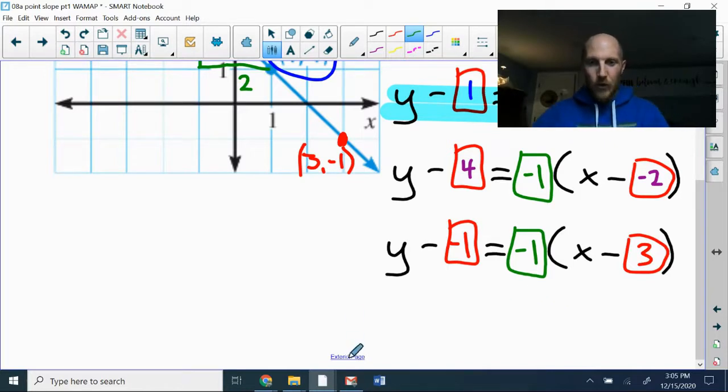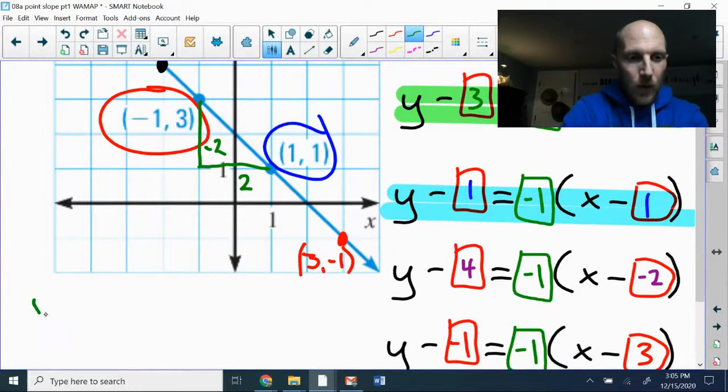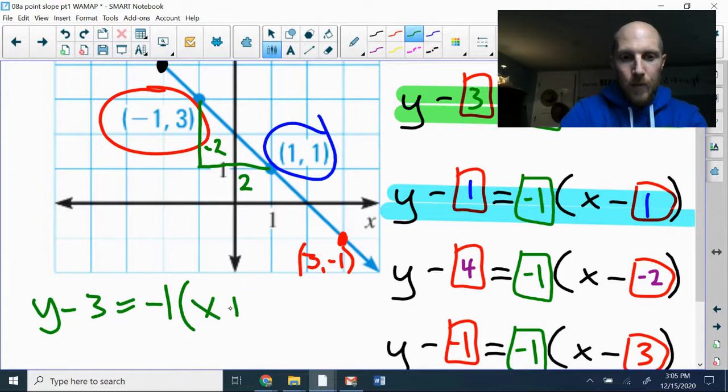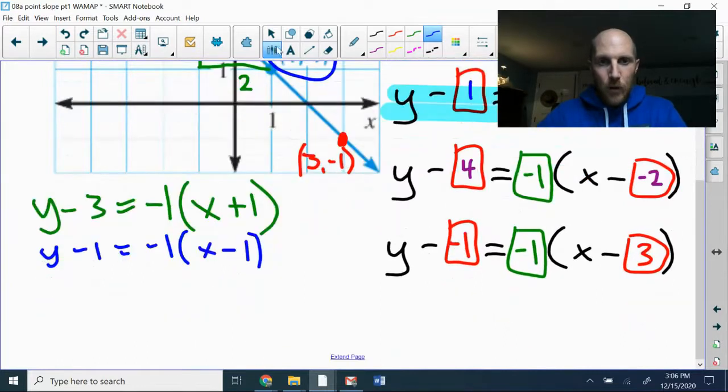So maybe we'll just take two of them. Let's take these first two and see what happens if we solve them for y. So y minus 3 equals negative 1, x plus 1, and the blue one, y minus 1 equals negative 1, parentheses, x minus 1. Let's find some workspace down here.